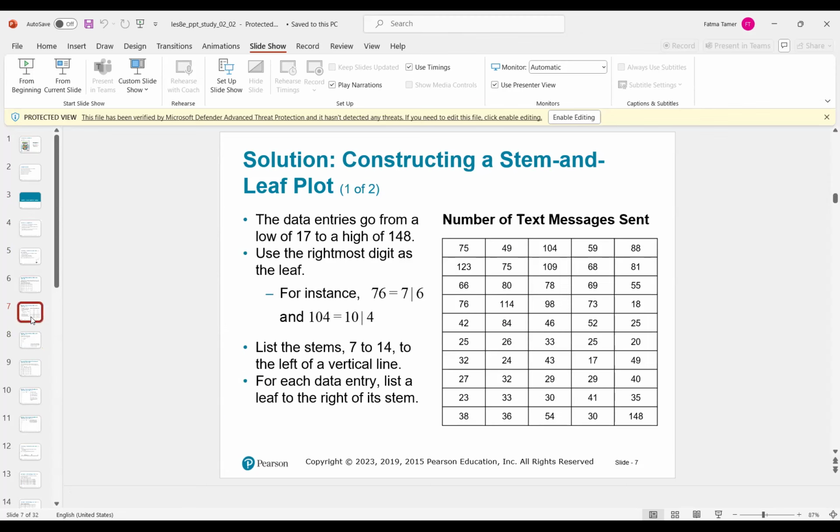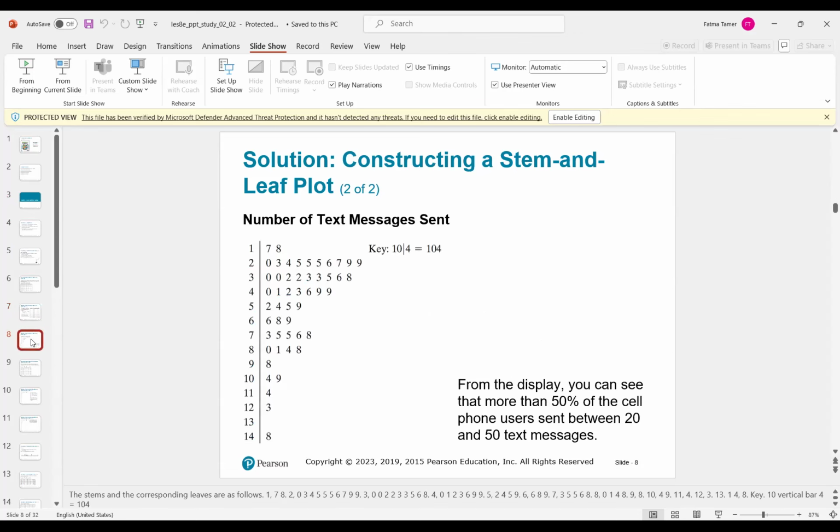If we go back here, we have 117 and 118. So when we start to construct the stem and leaf plot, for the first stem, 1, the leaves are 7 and 8. With the stem being 2, these are the leaves. For the stem being 3, these are the leaves. Similarly, we go all the way from 1 to 14 because the highest number in the data set was 148.